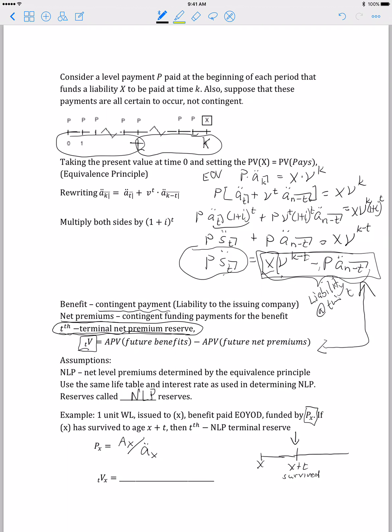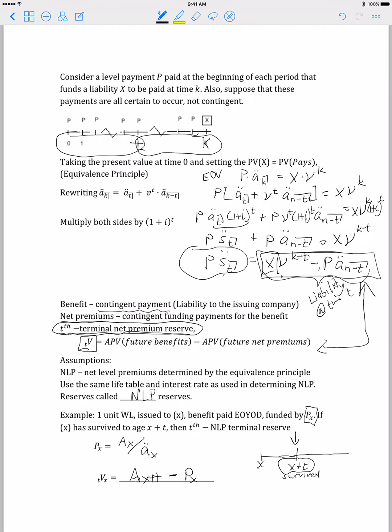So what's the actuarial present value of the $1 whole life policy? Well, now I'm age x plus t, so the actuarial present value is a whole life issued at age x plus t, minus the actuarial present value of future premiums.